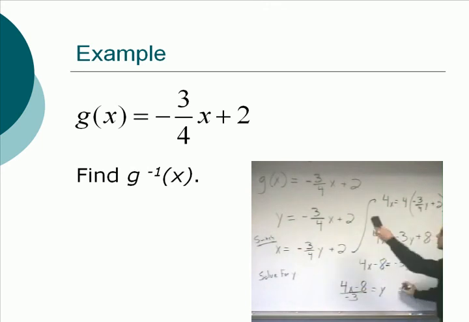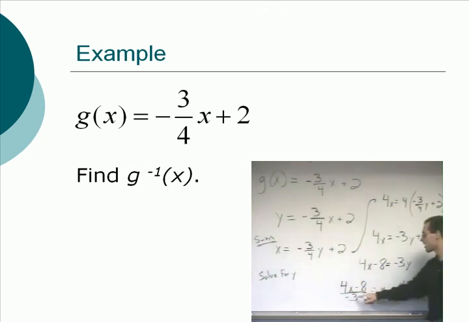The inverse of g this time is equal to, now 4x minus 8 over negative 3 is really the same as, if we change all these signs, we want to make that positive, 8 minus 4x over 3. And we found it. There's the inverse function. 8 minus 4x over 3 is the inverse of g.